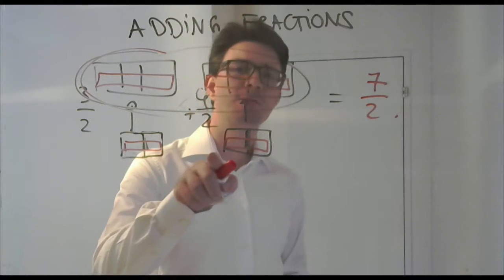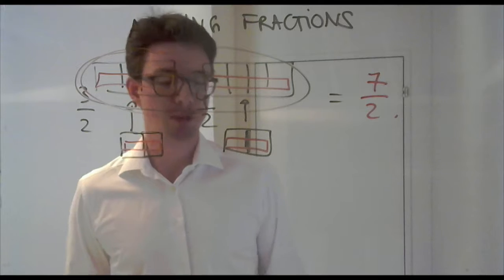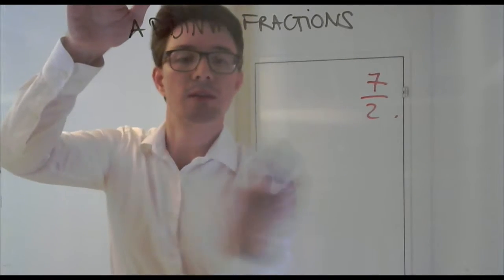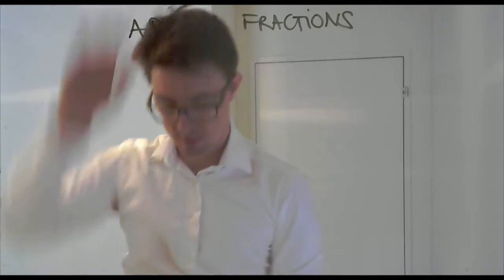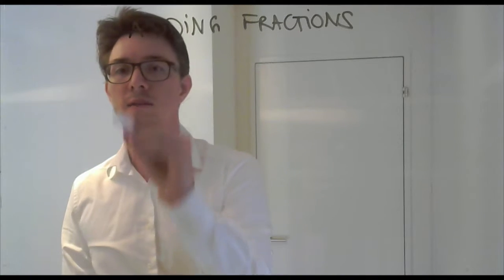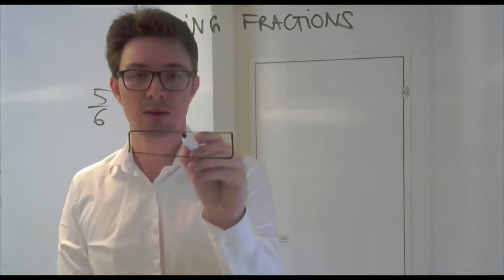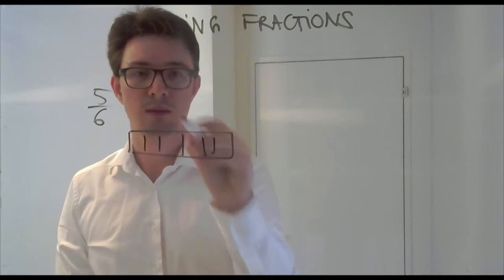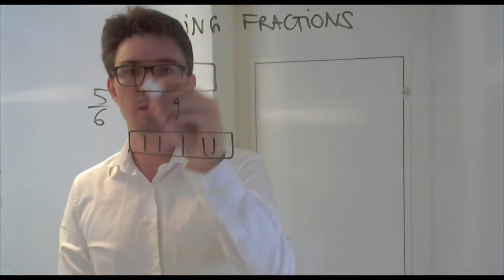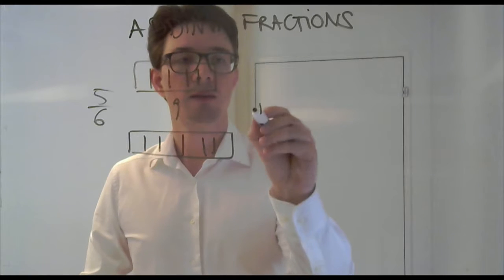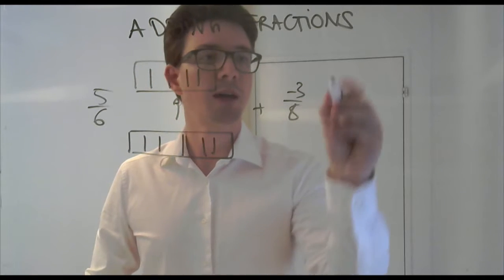But what happens if we don't have the same number of inputs? So, as an example, let's take 5 over 6 and then add minus 3 over 8.